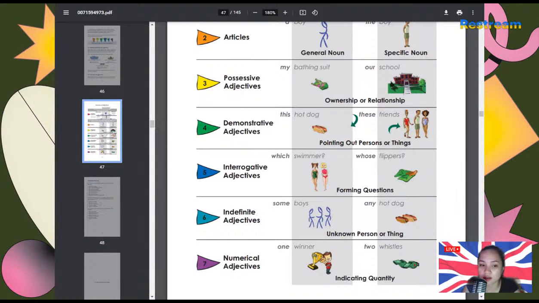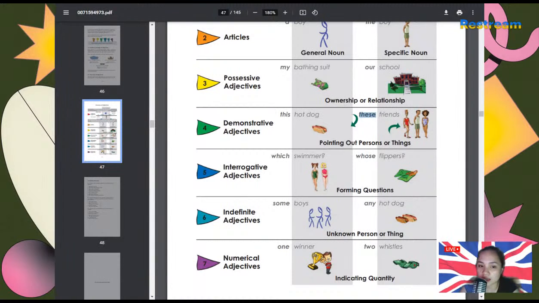So here we put this, and we have another one, these. Remember the difference between this and these. This is used for singular, while these is used for plural nouns.